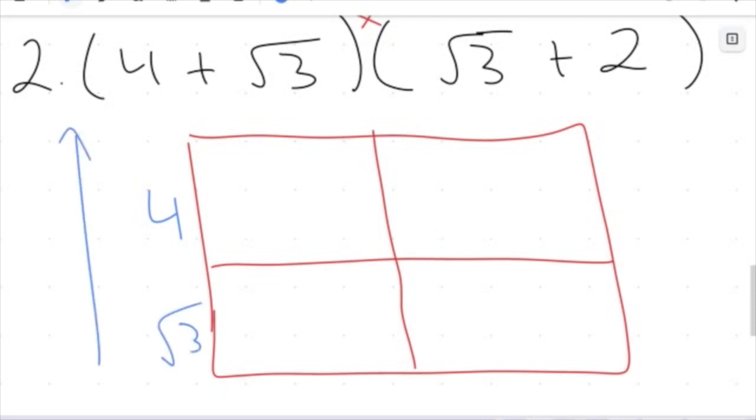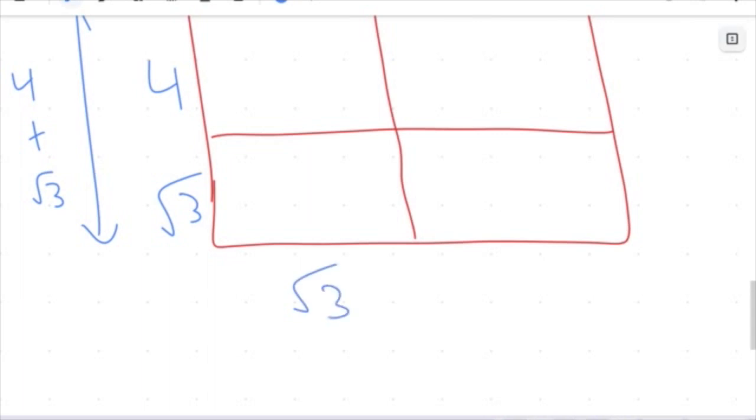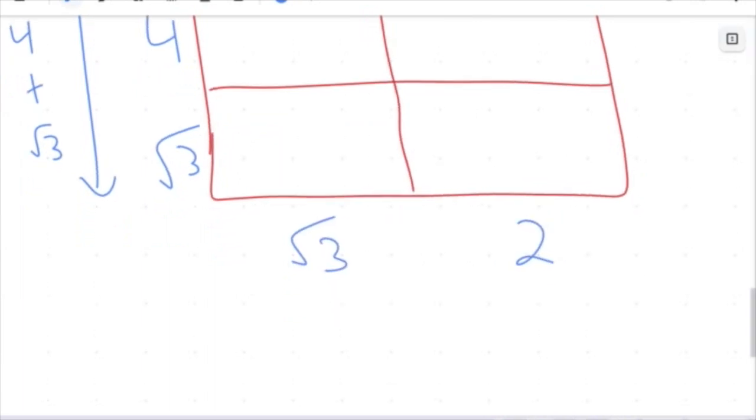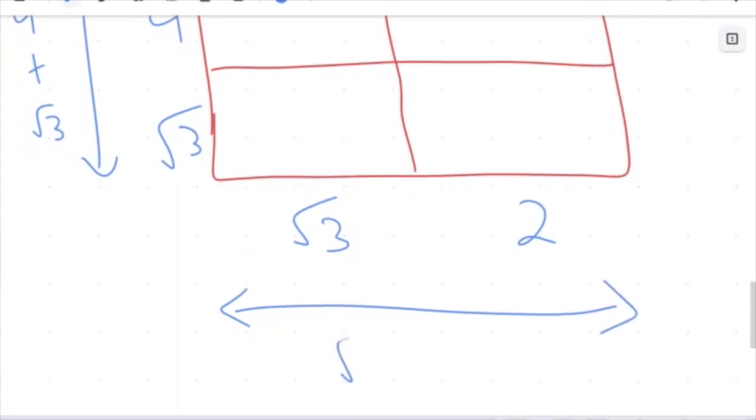So this total length is going to be 4 plus root 3. And this part here is going to be root 3, and let's make this distance 2, so that we get a total length here of root 3 plus 2.